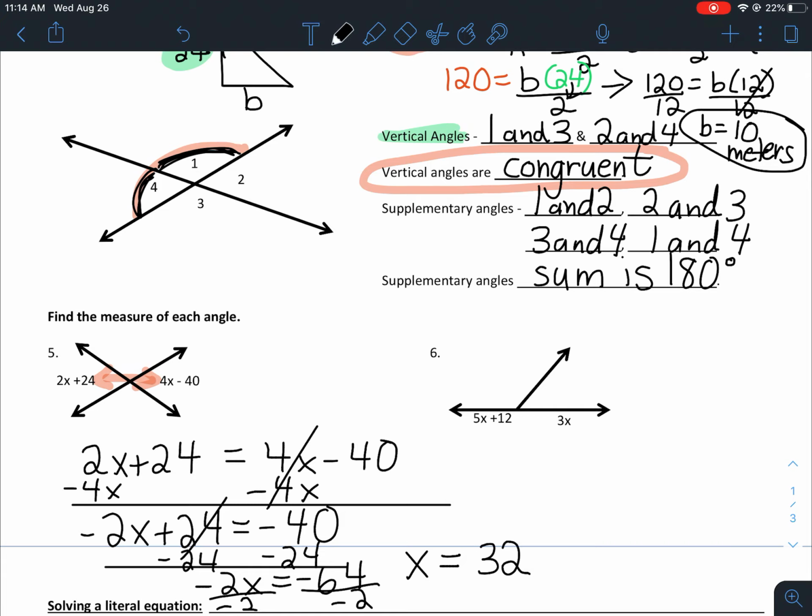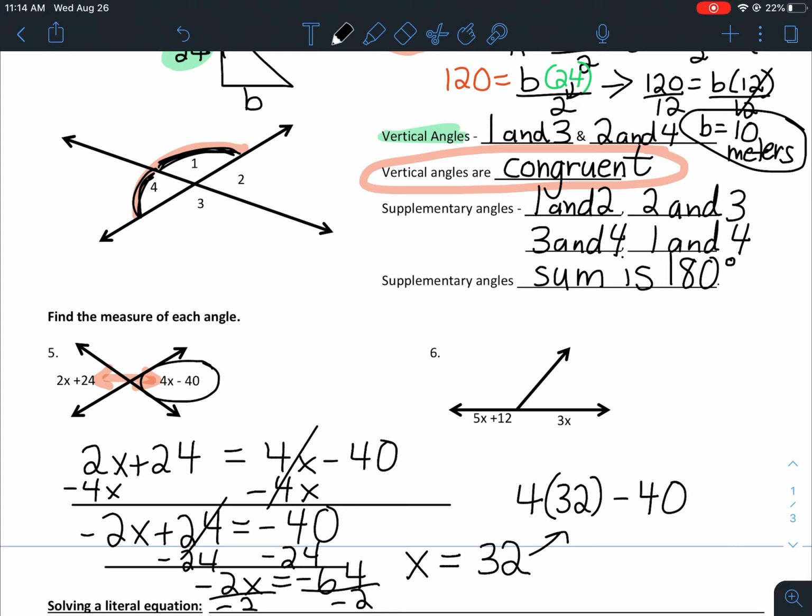But the question is not asking me to solve for x. It's saying find the measure of each angle. So what I have to do is pick one or the other, since they're the same measure. If I know that the measure is 4x minus 40 or 2x plus 24, I need to plug in x to figure out what the measure is.